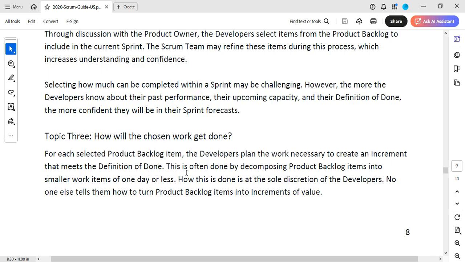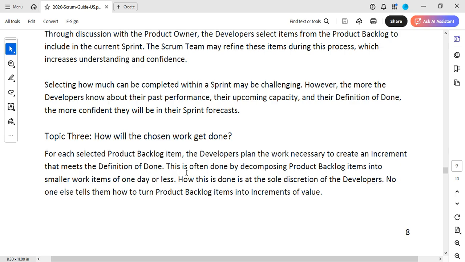Now, topic three: how will the chosen work get done? For each selected product backlog item, the developers plan the work necessary to create an increment that meets the definition of done. So, from what has been put in the product backlog, the developers plan whatever needs to be done to meet the increment or meet the definition of done.